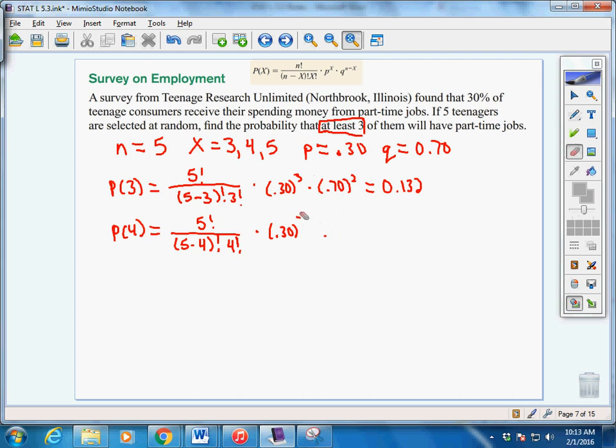Watch what I copy. Remember, it's the number of successes, and this time that's 4. That works out to be 0.028, and one more. And then once we get done with this, we can talk about what we do with all 3 of these probabilities.